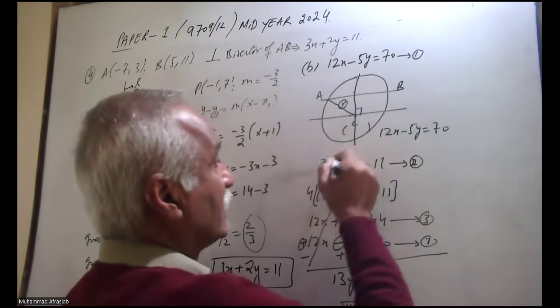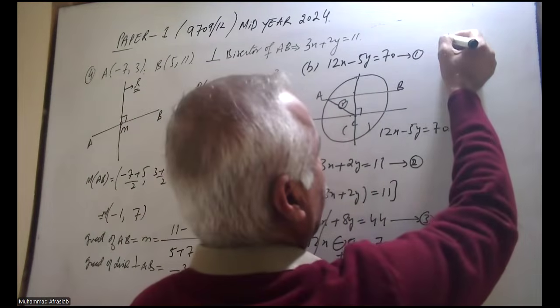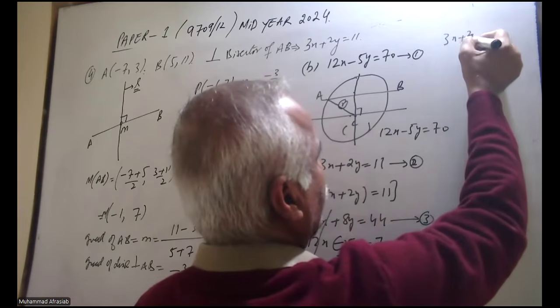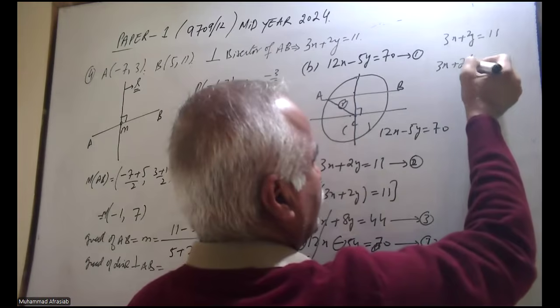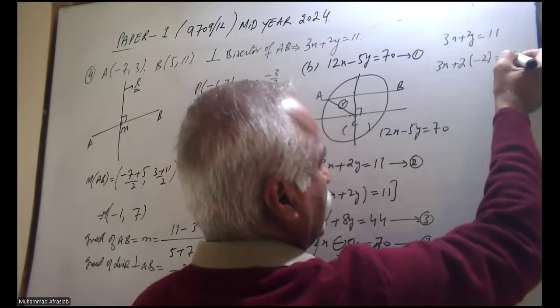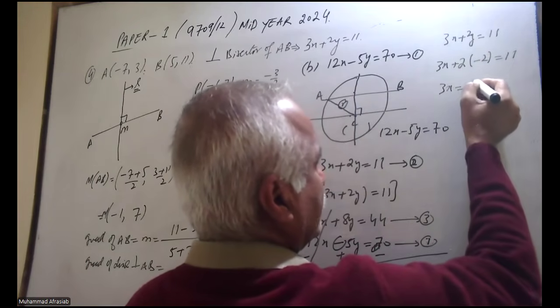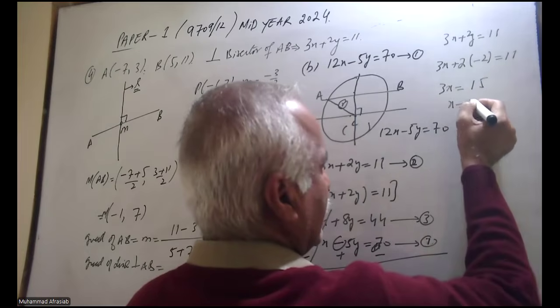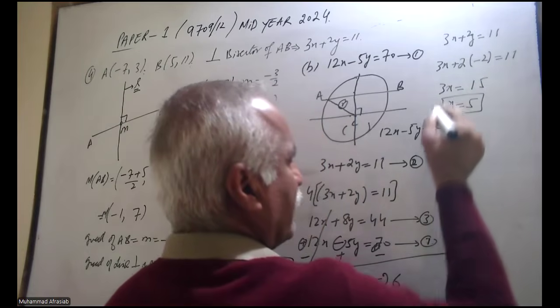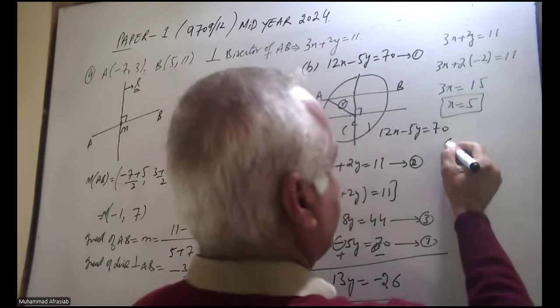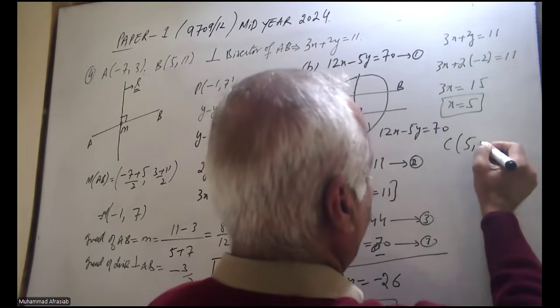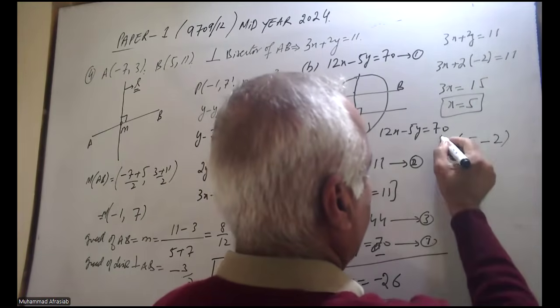Then the x value we can find by putting it in any one equation. 3x plus 2y is equal to 11. 3x plus 2 into minus 2 is equal to 11. 3x is equal to 15, or x is equal to 5. So the center C has coordinates (5, -2).